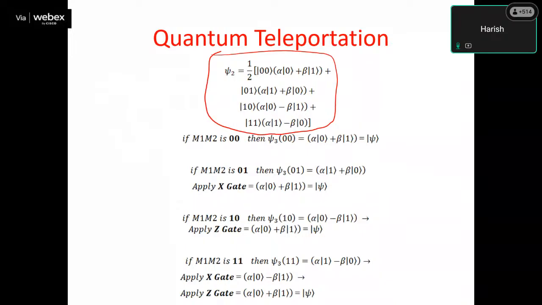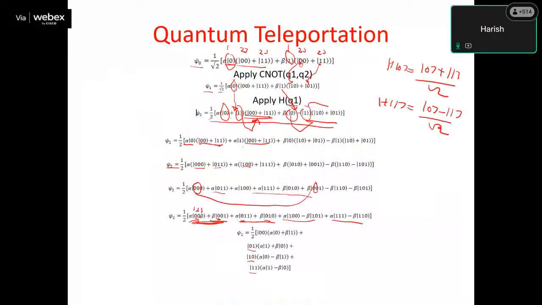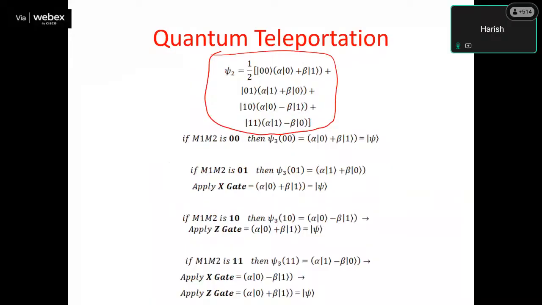Okay, now we are going to measure the first two qubits. On measurement you will get some classical bits. So see here, this is q1 q2 and this is q3.